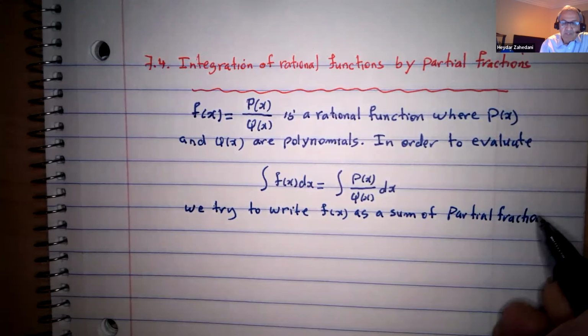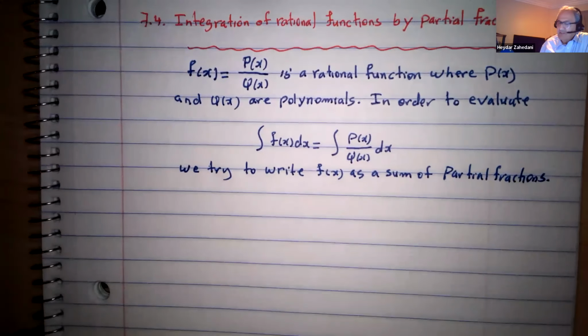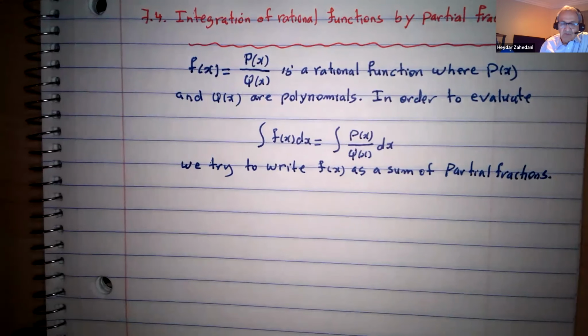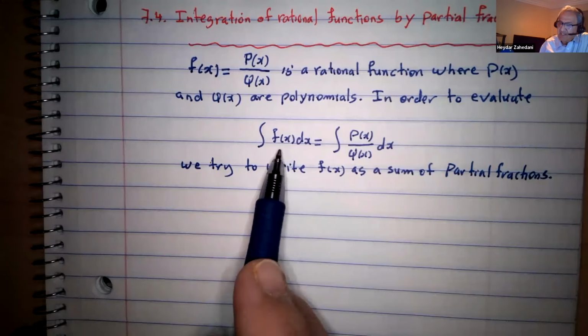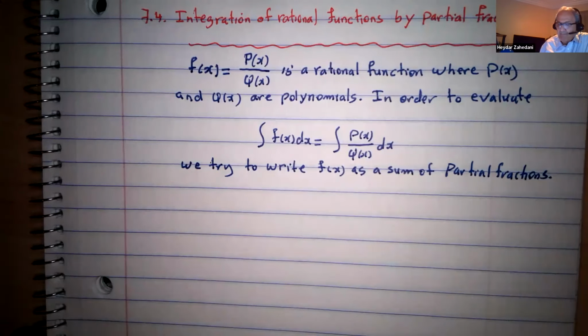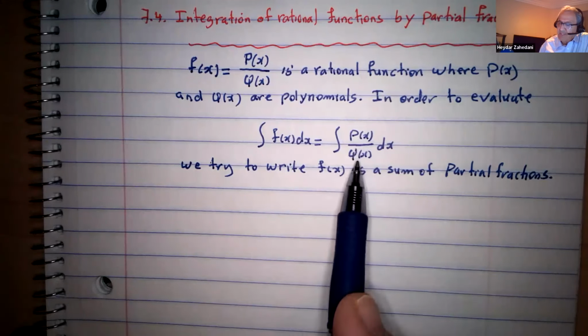We have probably seen this type of idea in your calculus courses, but we are going to show you. Before doing this, the first thing to do is make sure that this f of x is a proper function. Proper means we want to make sure that the degree of the top is strictly less than the degree of the bottom.